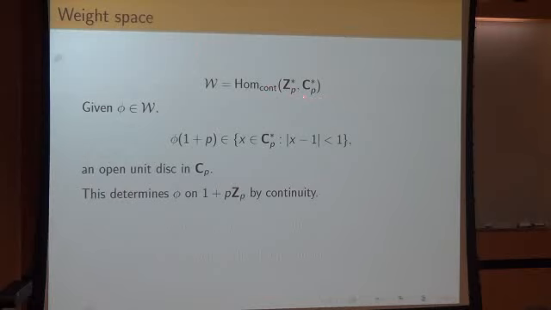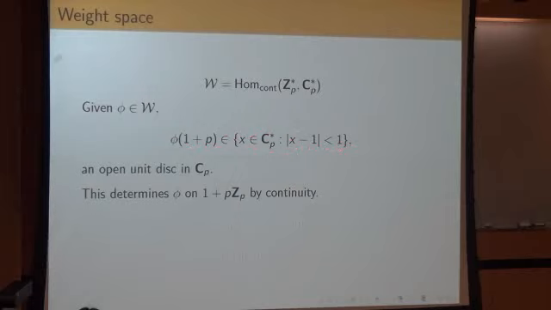Okay. Now what does a homomorphism look like? This is sort of getting down and dirty with how you understand what an element of weight space is. Well, if you look at 1 plus p, that's a topological generator of 1 plus pZ_p, which is a big chunk of this Z_p star. Then by p-adic continuity, that 1 plus p has to go to some element of C_p star whose distance from 1 is less than 1.